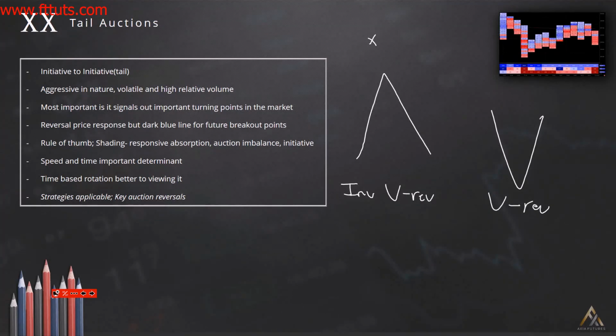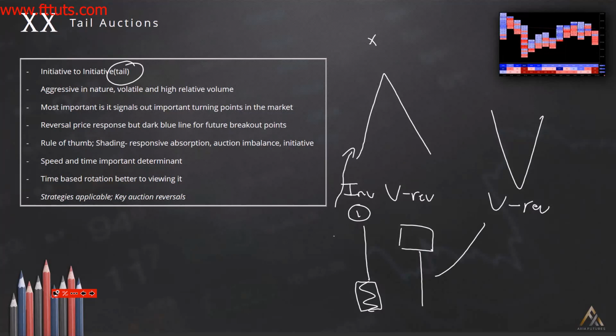The reason we call it a tail auction is that when we get initiative to initiative type price response, it will tend to leave a candlestick that looks something like this. The first example is the inverse V reversal, and the second example is the V reversal.